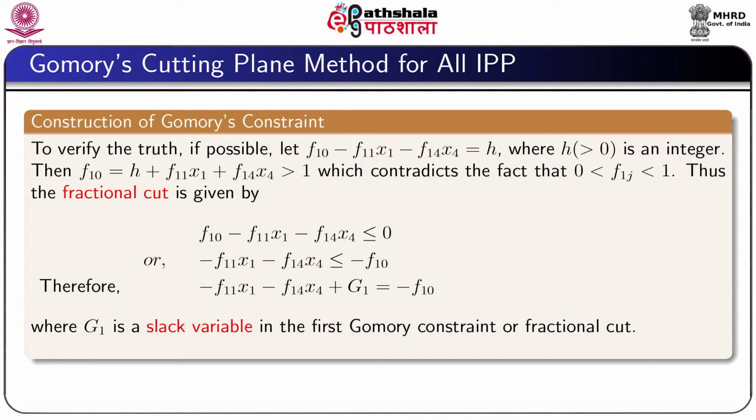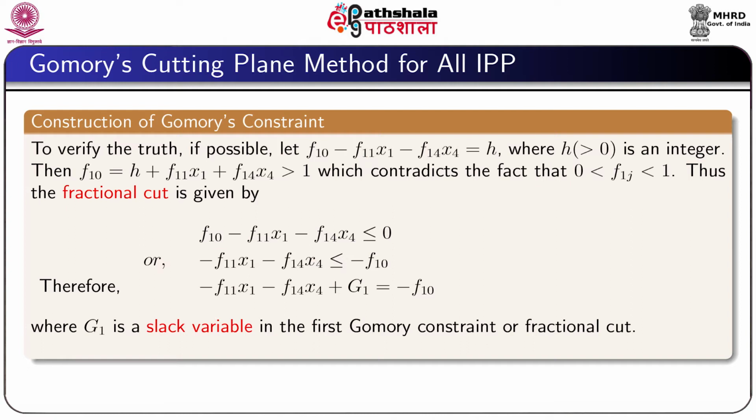To verify the truth, if possible, let us assume that F10 minus F11 x1 minus F14 x4 equals h, where h is greater than 0 and an integer. Then we have F10 is equal to h plus F11 x1 plus F14 x4, which is greater than or equal to 1, and it contradicts the fact that F1j is a fraction.